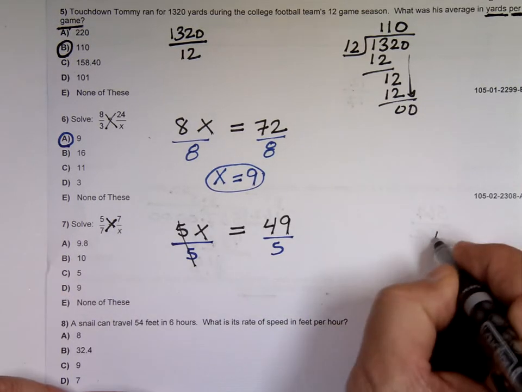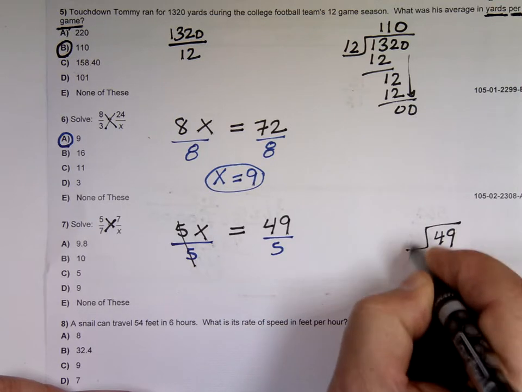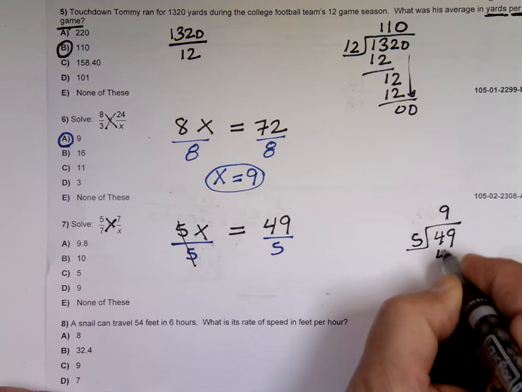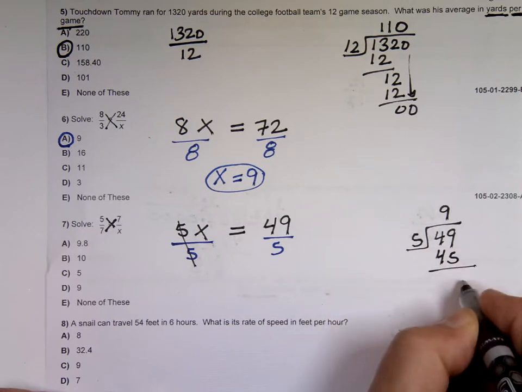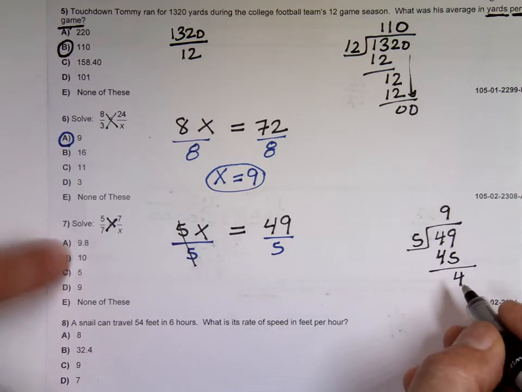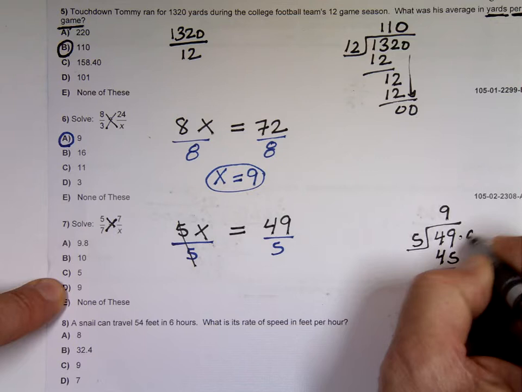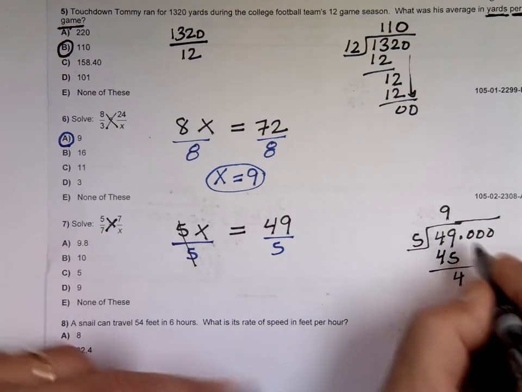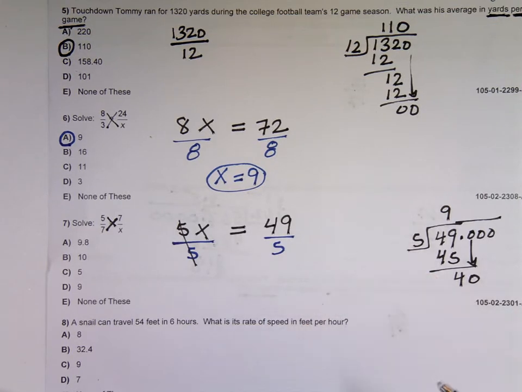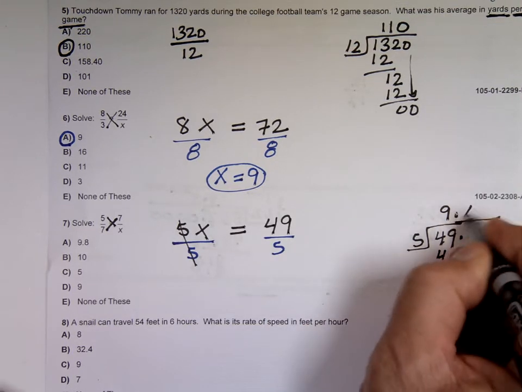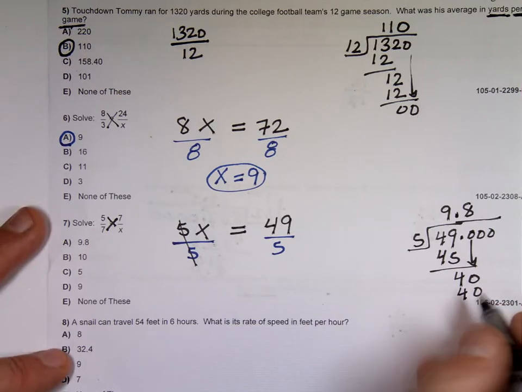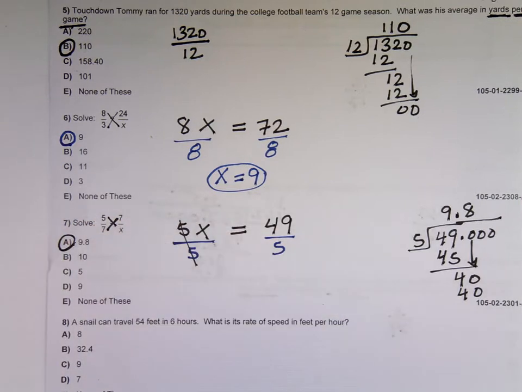So here we go. 49 divided by 5. 9. 9 times 5 is what? 45. What's the remainder? 4. I can say 9 4/5, but there is no mixed numbers either. There's a decimal point, lots of zeros if I need them. 40 divided by 5. 8. 8 times 5, 40. So it's 9.8, which is A.